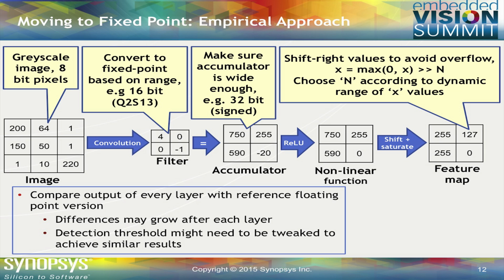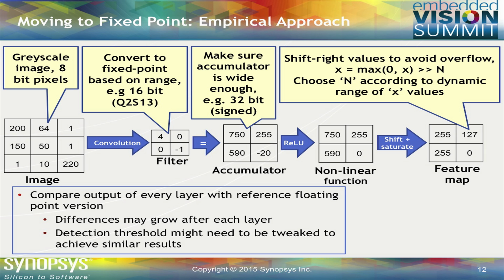So a few bits for the integer part is enough, 1 bit for the sign, and the rest we keep for the decimal, the fractional part. In this example here, I say we use 16-bit for those weights. And in the many experiments we've done, sometimes you can go down to 8 and it doesn't impact your detection rate. 16 seems to always be enough.